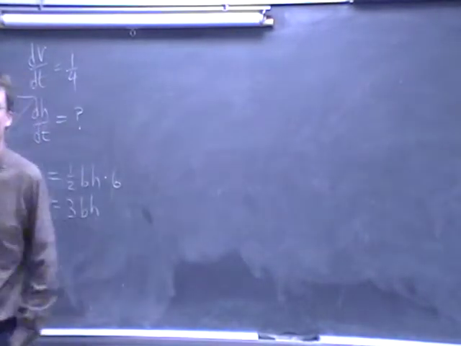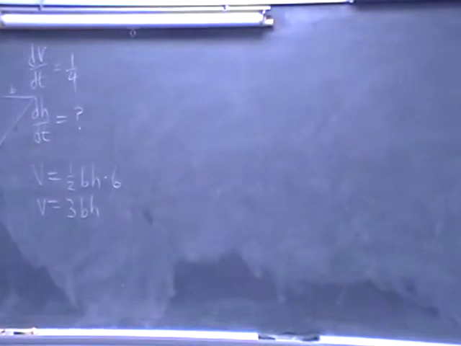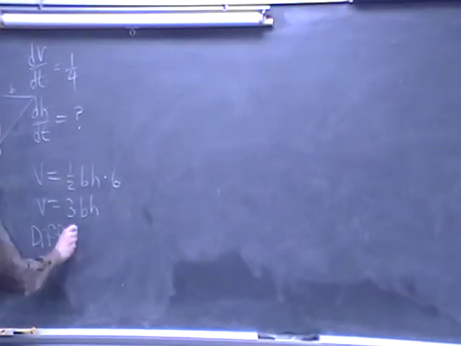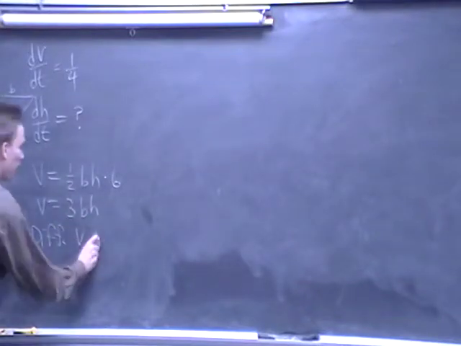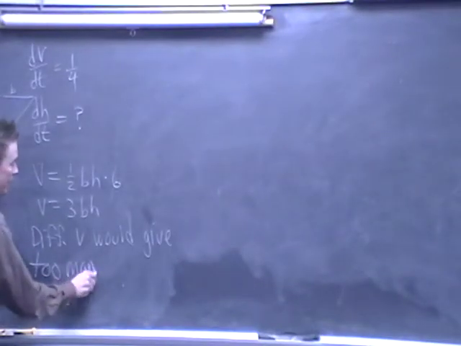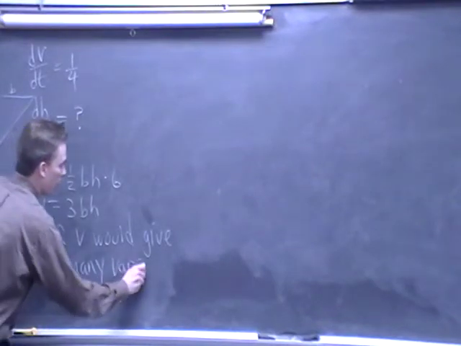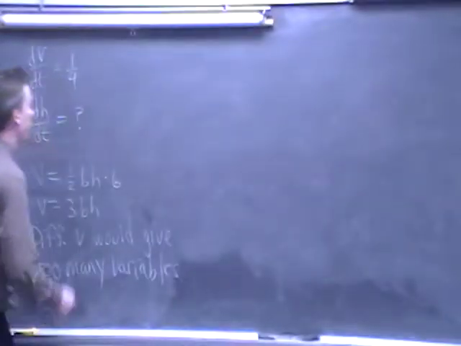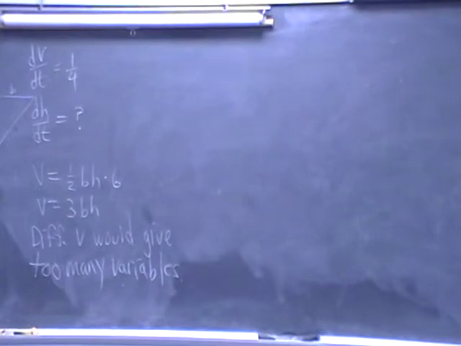Differentiating V right now would give, let's just say, too many variables. We don't have a way of dealing with all those variables. We need more information from the problem.